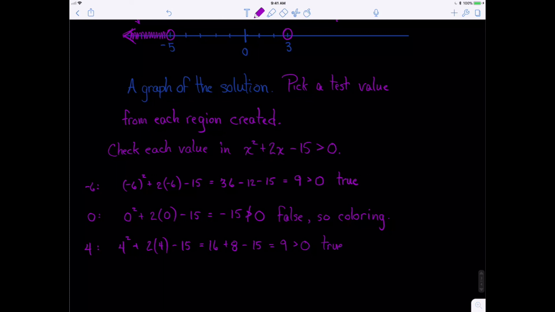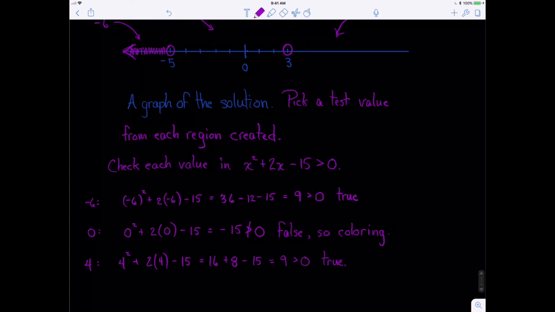So we want to shade the true regions. So I'm going to shade all of this out here and put an arrow on it since this one just keeps on going. And what this shows us is that if we pick any number in those pink, or magenta colored regions, then that will make our inequality true.